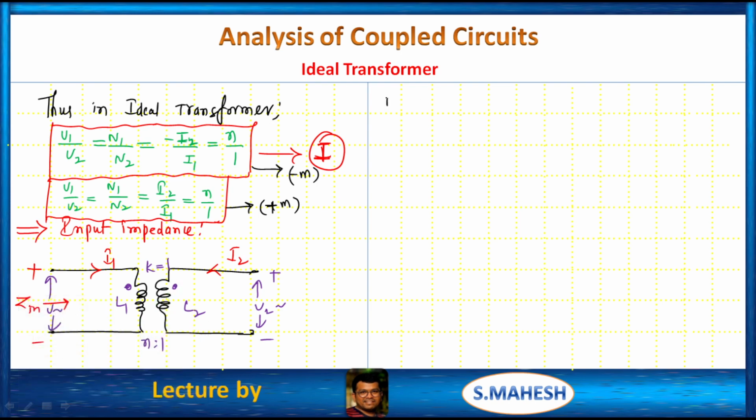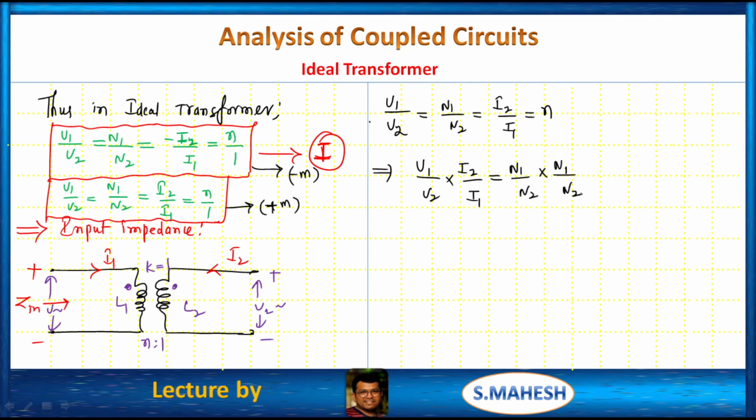we know that from this V1 by V2 which is equals to N1 by N2 which is equals to I2 by I1 which is equals to N, right? From this can we write V1 by V2 into I2 by I1 which is equals to what? N1 by N2 into N1 by N2, right?